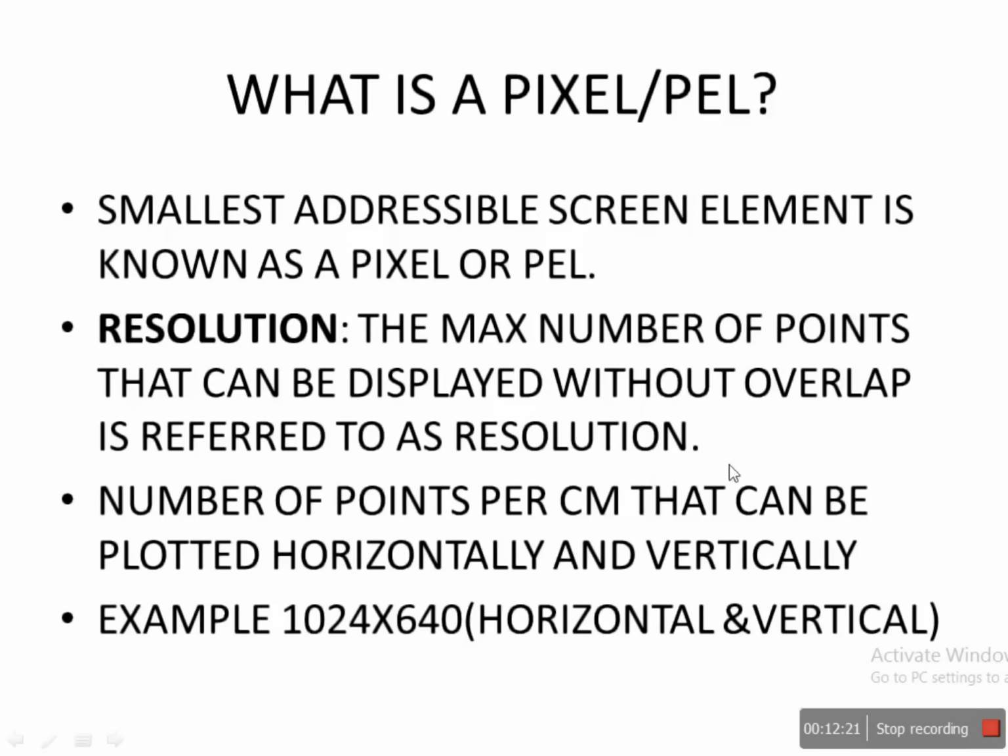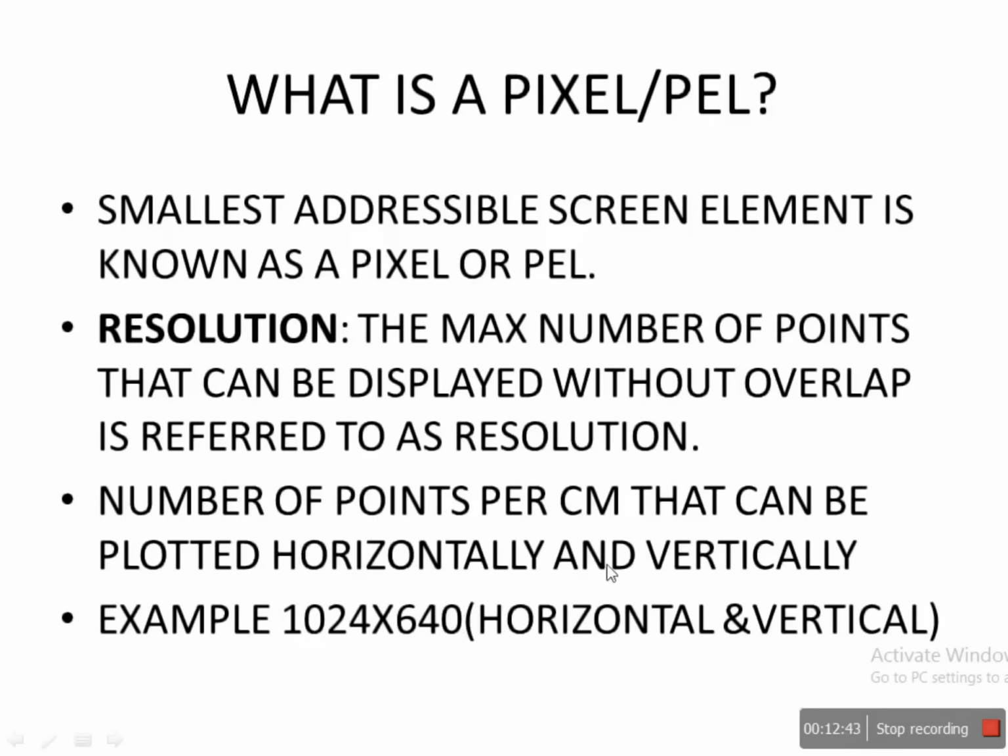What does that mean? In a simpler definition, it is the number of plot points per centimeter that can be plotted horizontally and vertically. You might have seen these resolutions provided on your laptop screens or your television. They say 1024 by 640, something like that, or maybe 1860 by 1260.